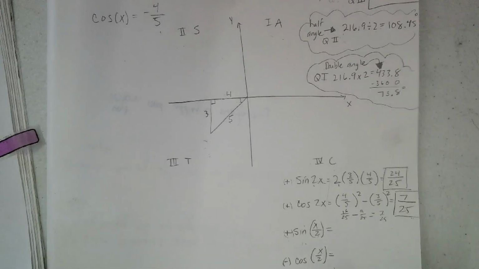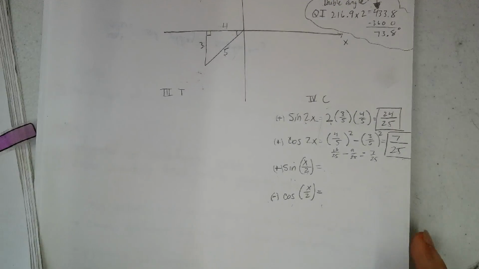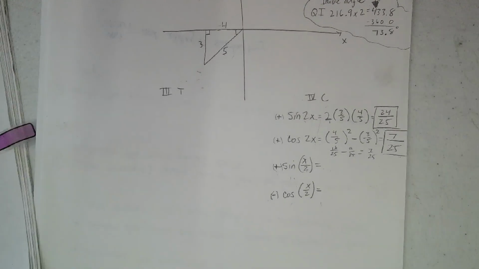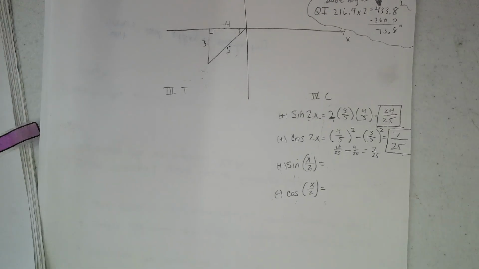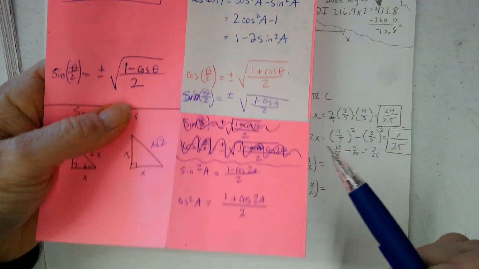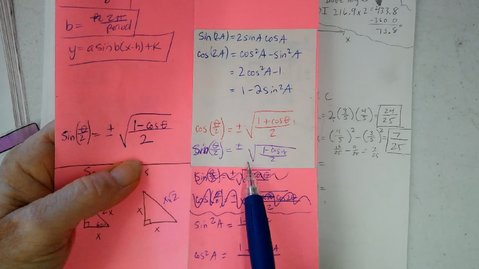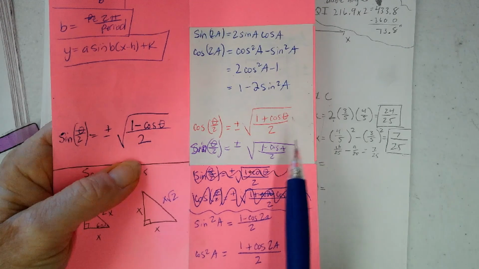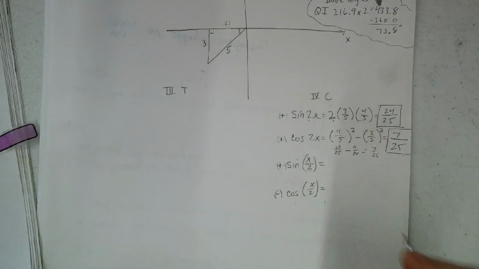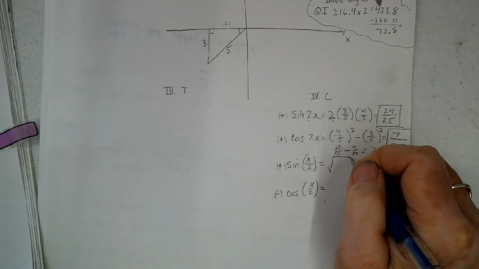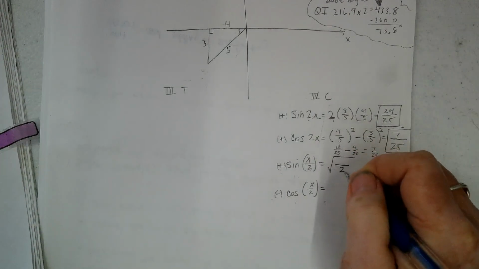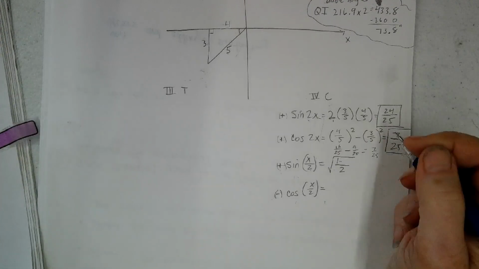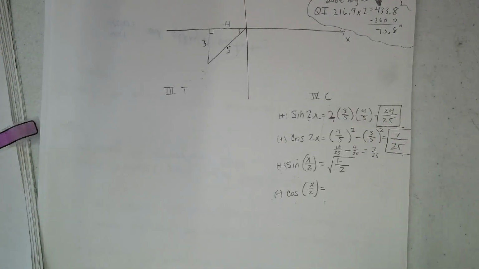Okay, sine x over 2. So now I need to use my formula for sine x over 2. Let me look in my magic book and see if I have it. So it's the square root of 1 minus cosine x over 2. Cosine of x, that's adjacent over hypotenuse, so that would be 4/5.